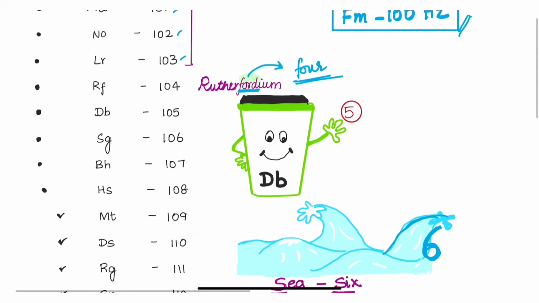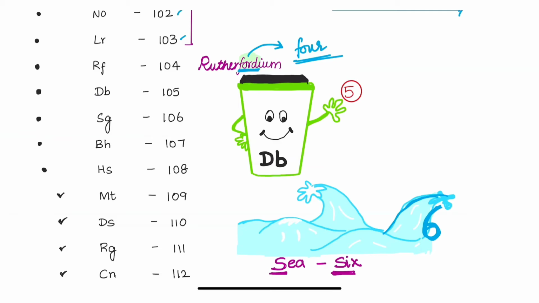Alright, so moving on to the next, which is Dubnium. In Dubnium, we have the atomic number of 105. How do you remember this? As I had told you in the earlier video, periodic table tricks number 1, if you haven't watched that, please do watch that.